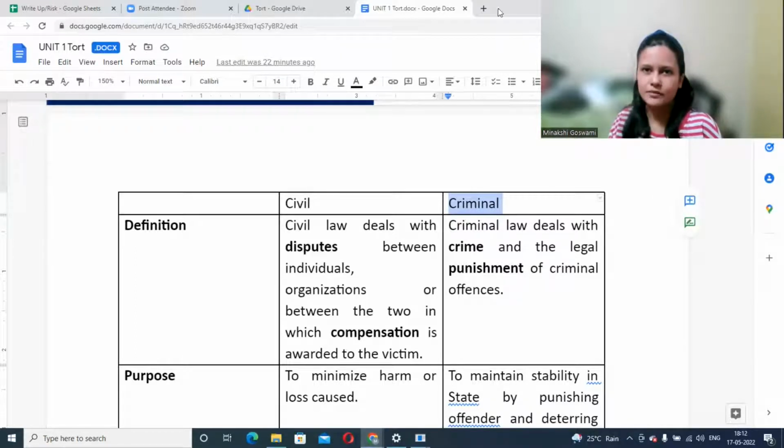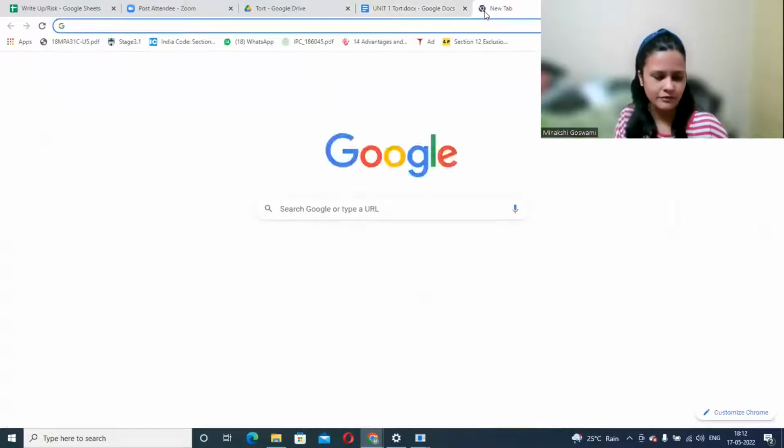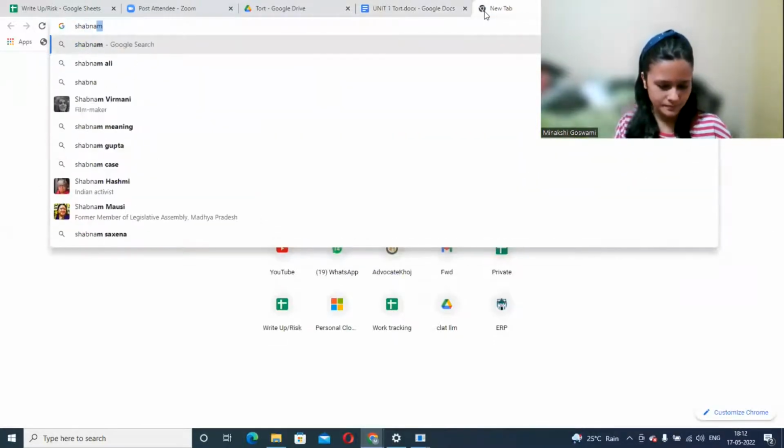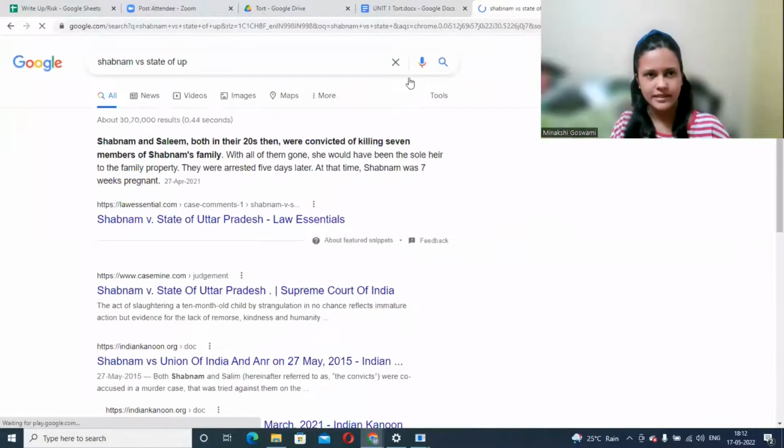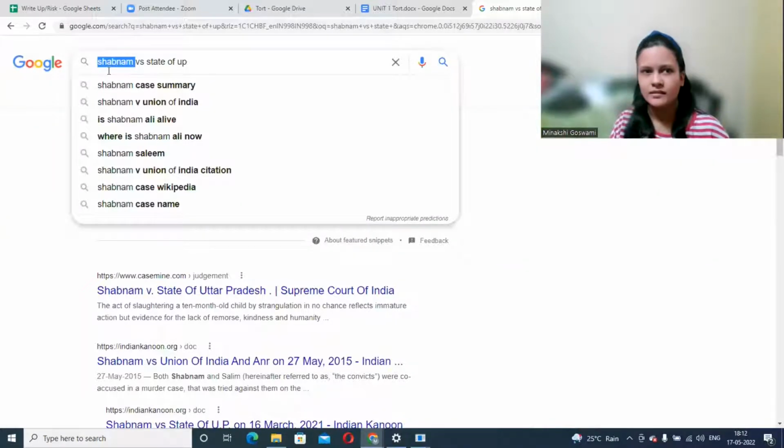Most of the time, when you look at cases, take for example Shabnam versus State of UP. There was a couple who killed 7 members of the girl's family. It was a crime against those 7 members, but then the state gets involved.